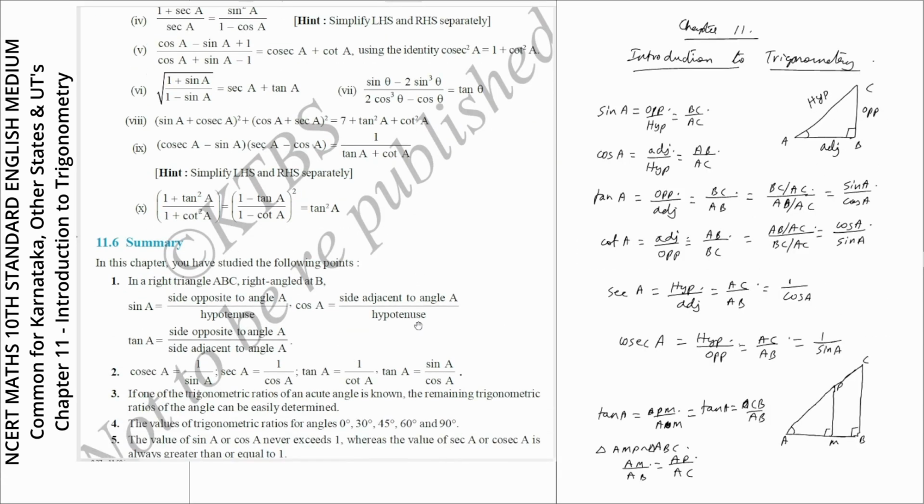Summary of this chapter. So in this chapter we learnt what trigonometric ratios are. Trigonometric ratios are defined with respect to a right angle triangle. So consider this right angle triangle ABC in which angle B is equal to 90 degrees. With respect to angle A, this side BC is called opposite side, and side AB is called the adjacent side.